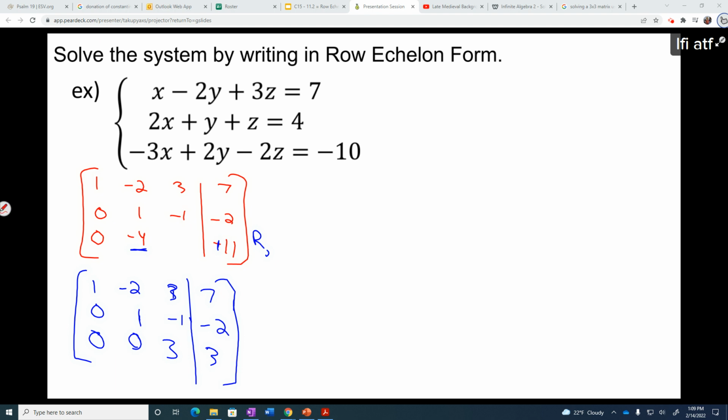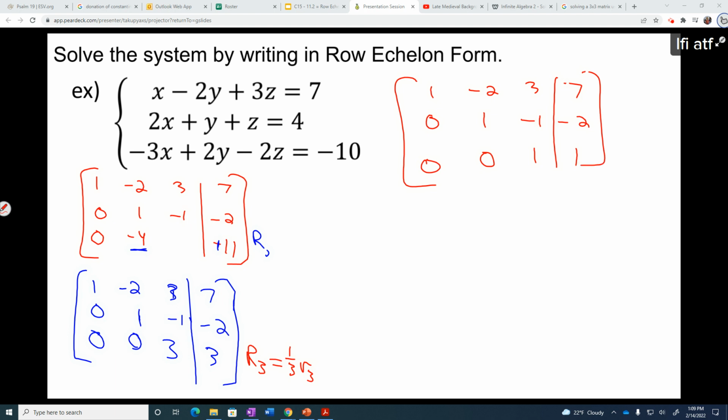So. All right, so the last step, R3, we want to multiply it by 1/3. So 1/3 R3. So those are both 0. This is 1 and this is 1.